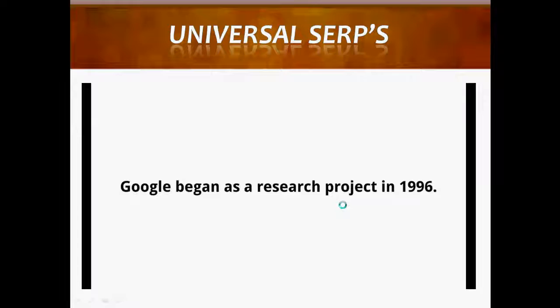Today, because of the universal search concept, there are a lot more things that a search engine optimization SEO professional has to do, and he has to live with the fact that people are going to be reaching his site through various means. It could be from images, it could be from videos, it could be from a blog conversation, it could be from a tweet, and this is in fact for a small business.